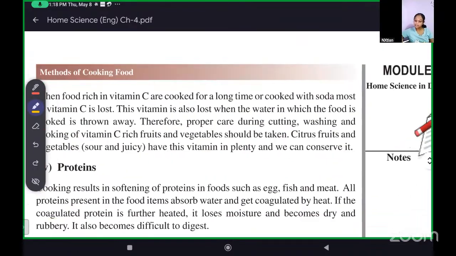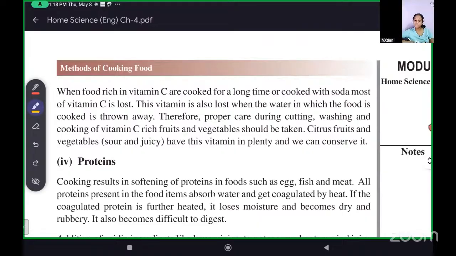Vitamin C. When foods rich in vitamin C are cooked for a long time or cooked with soda, most of the vitamin C is lost. Cooked with soda is also another reason. This vitamin is also lost when the water in which the food is cooked is thrown away. Therefore, proper care during cutting, washing, and cooking of vitamin C rich fruits and vegetables should be taken. What are the examples?